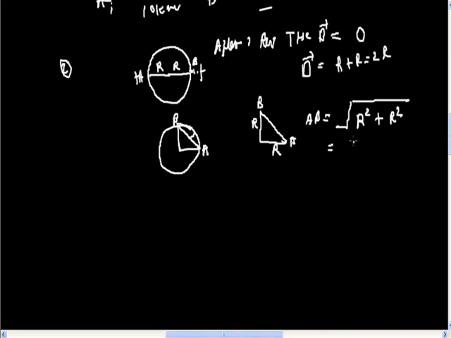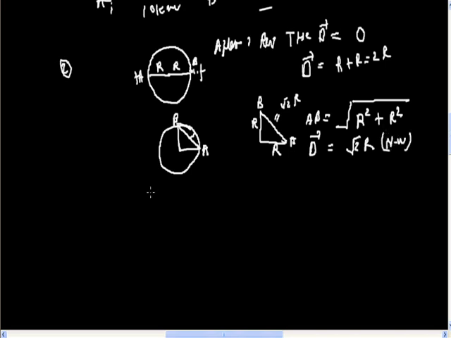Then I can say AB is root 2 R. The length of this side is root 2 R. The direction is from A to B, or we can say north-west. Now this is the displacement.